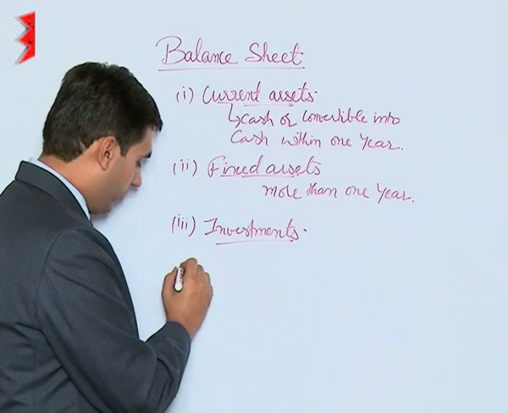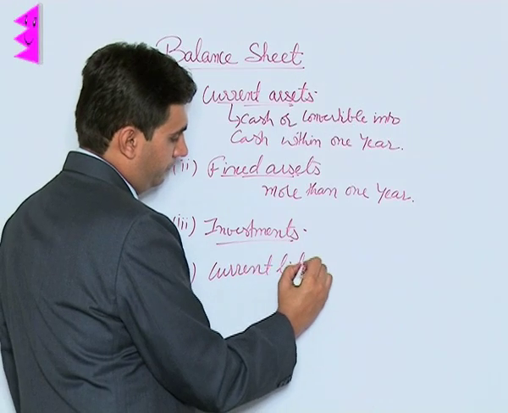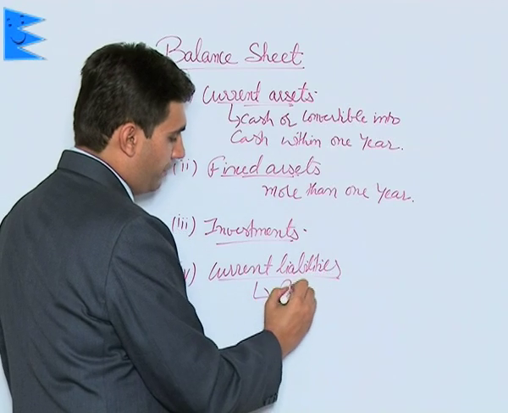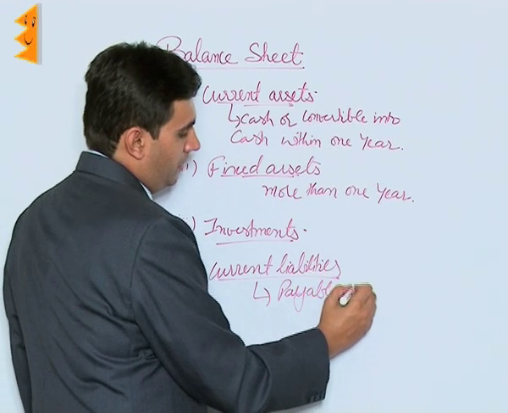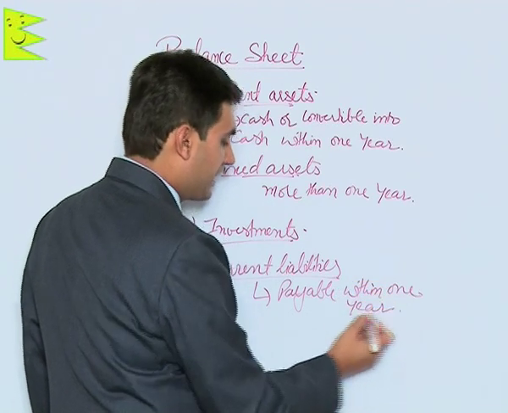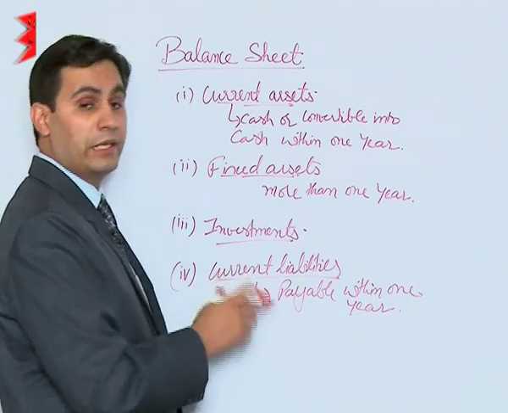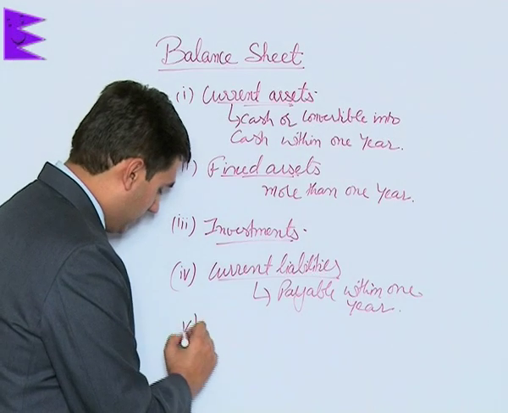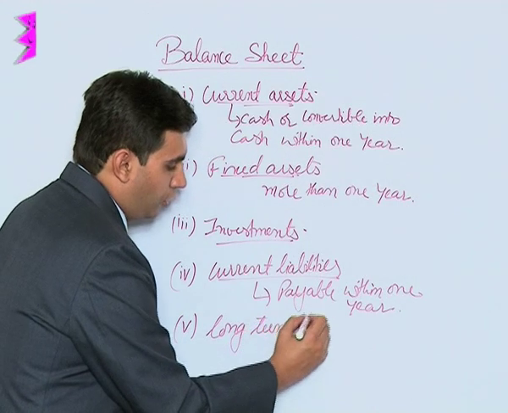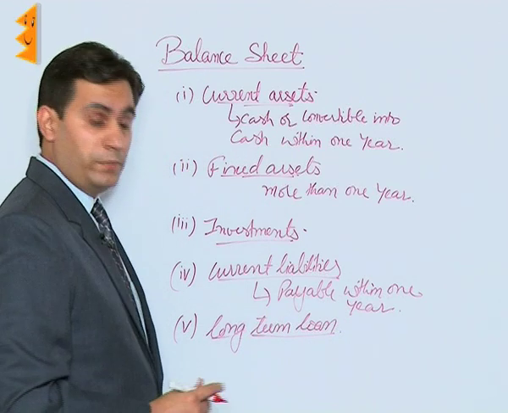Then students, we have current liabilities. That is amounts payable within 1 year. Since they are liabilities, so any liability payable within 1 year would be categorized as a current liability. Then long-term loan or long-term liabilities.